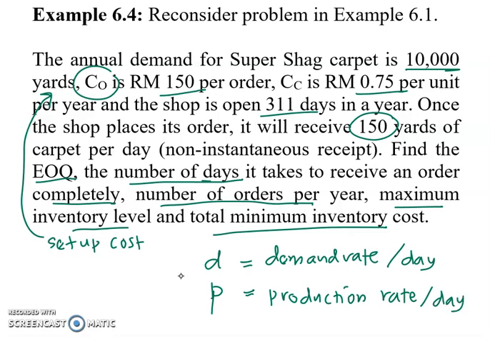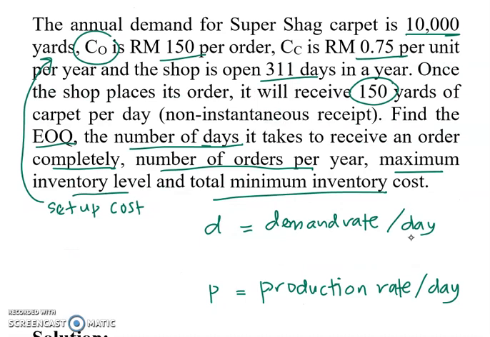The demand rate per day, or the daily demand rate, and the production rate per day, or daily production rate. For the demand rate, we just take the annual demand. Annual demand is 10,000, and the shop operates 311 days per year. Because we want to know the demand rate per day, we take the annual demand divided by how many days the store operates per year. So 10,000 divided by 311, we have around 32.2 yards per day.